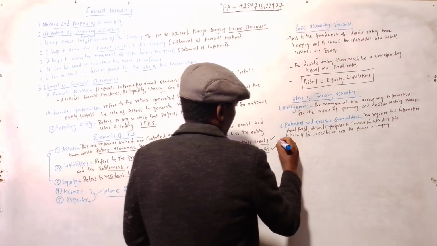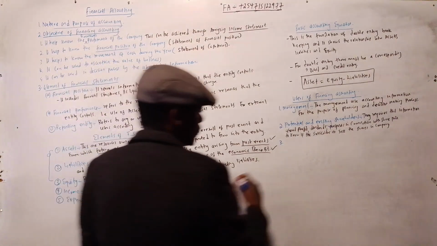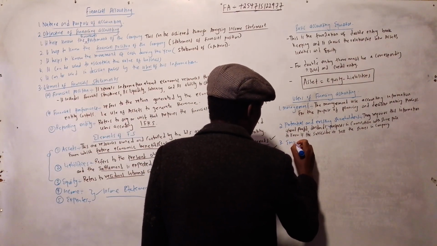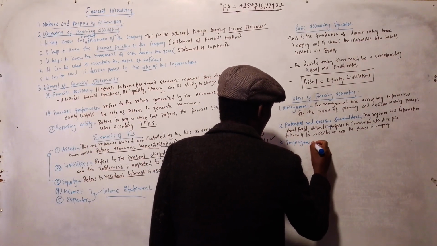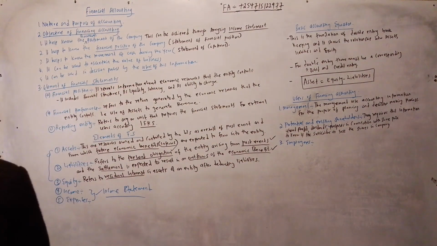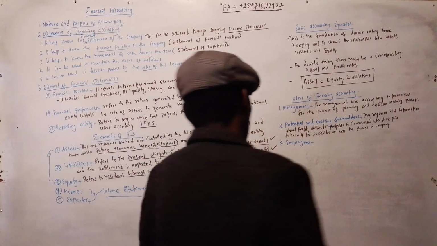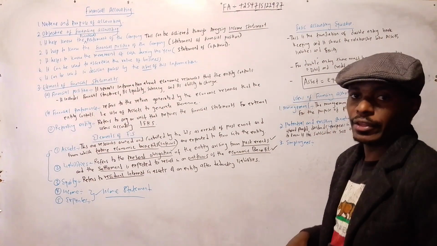Number 3, let us talk about the employees. Employees are the people who are employed by the company. So why is it important for them to have this information? They need to assess the information so as to determine their term of employment.